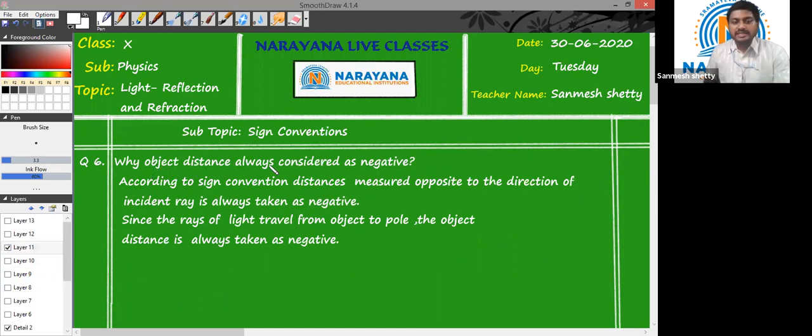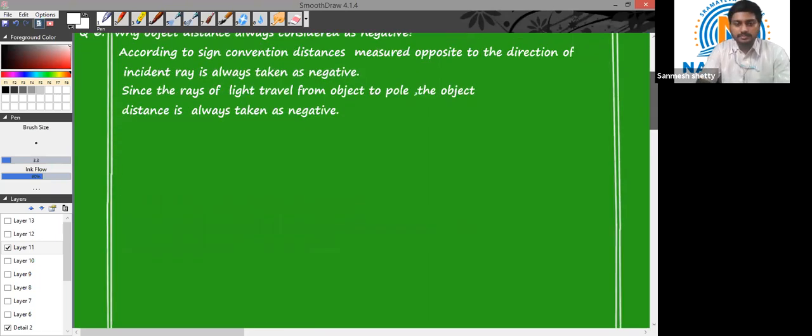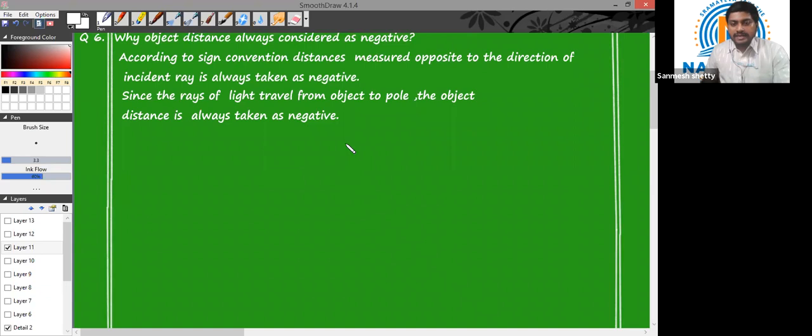Why is object distance always considered as negative? Again, I repeat the question, why is object distance always considered as negative? So let us quickly draw a diagram for this also. For example, this is my lens, may it be convex or concave, doesn't matter.